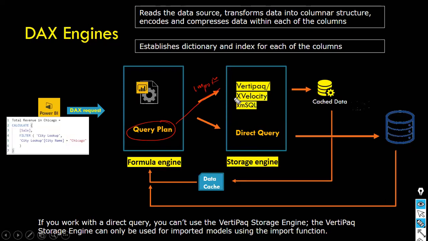And here, since you have used the import mode, the X velocity engine will get kick started. It performs three tasks. One, it will convert your tabular data into columnar data.